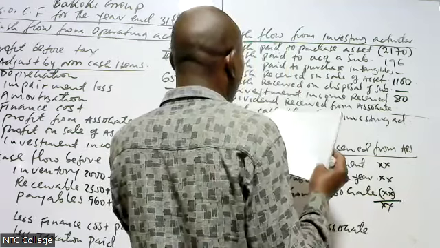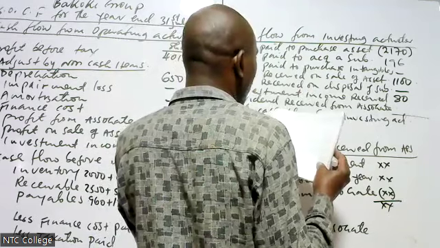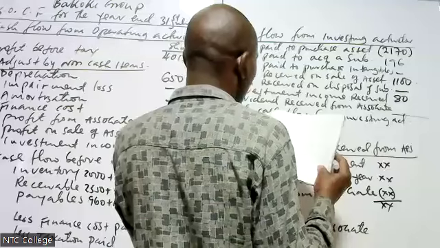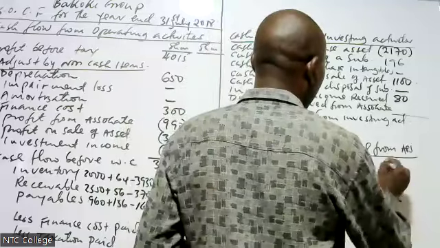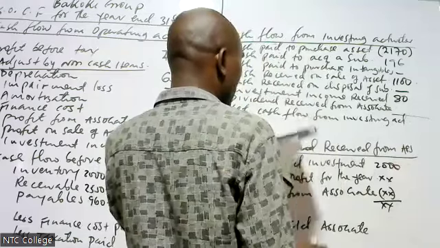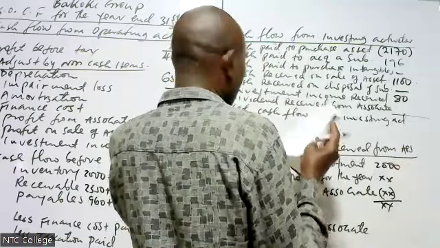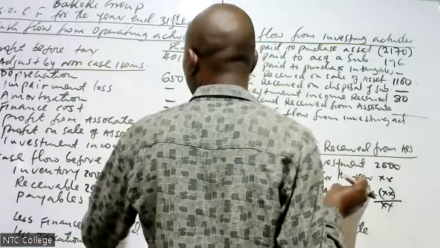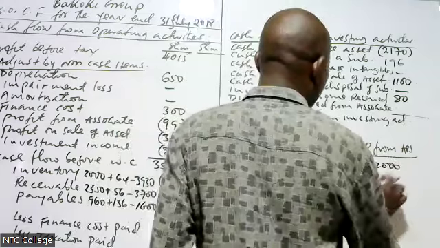Now, from our balance sheet, investment in associate in the previous year was 2,000. Profit for the year, you get it in the income statement, profit from associate, 990.